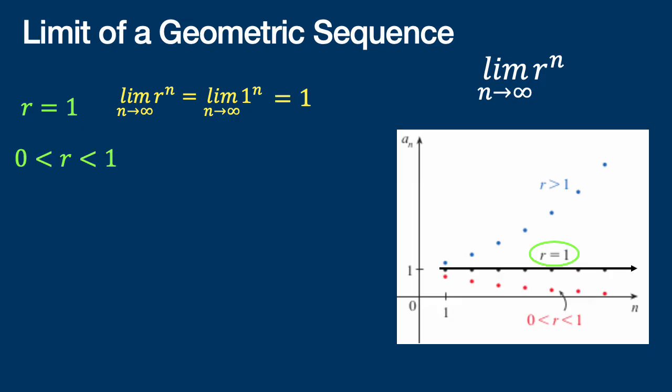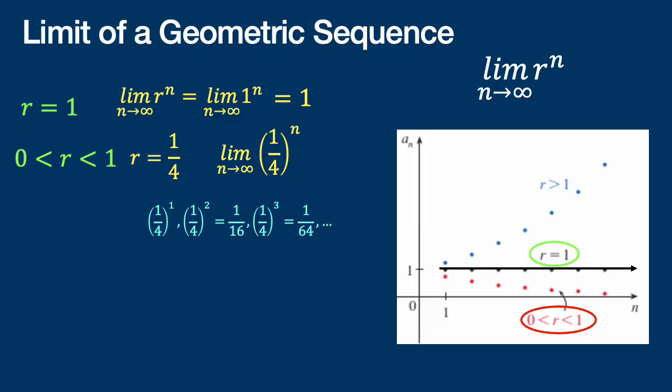Now R is between 0 and 1. For example, I picked R is 1 over 4. What happens here, guys? The limit as n approaches infinity of (1/4) to the n. Let's use the numerical method. n equals 1 is 1 over 4. n equals 2, 1 over 4 squared, 1 over 16. n equals 3, 1 over 4 cubed, that's 1 over 64.